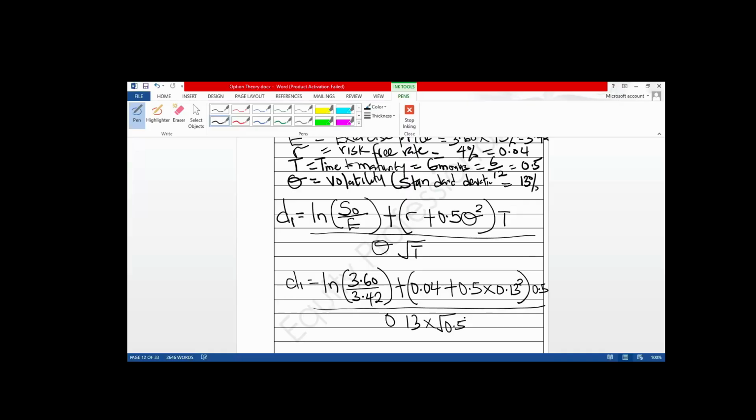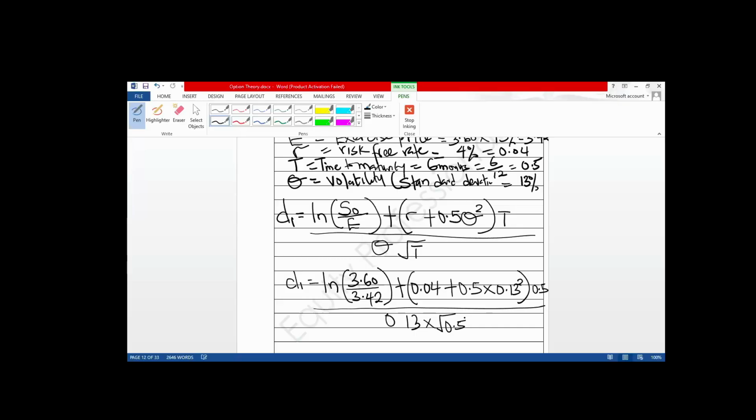Close your bracket. Then multiply by 0.5. What do you have? 0.0755. Correct.